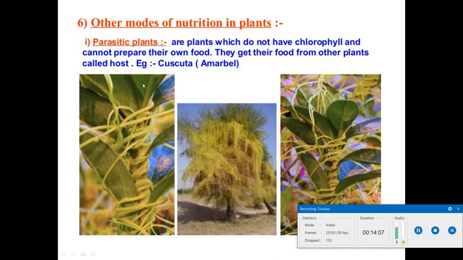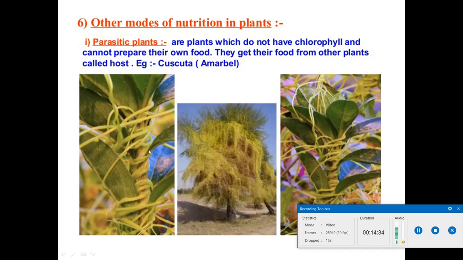The green plant can carry out photosynthesis and prepare its own food. The non-green plant twines around the green host plant and obtains nutrition through it. Such nutrition is termed parasitic nutrition, and such plants are termed parasitic plants.